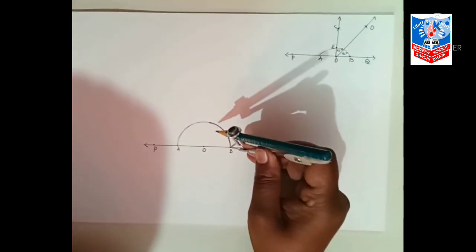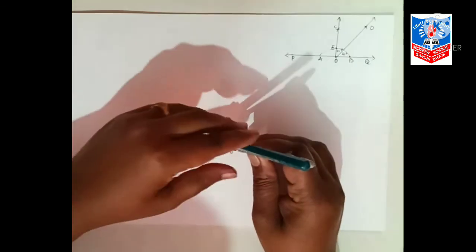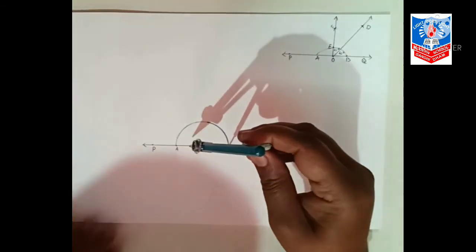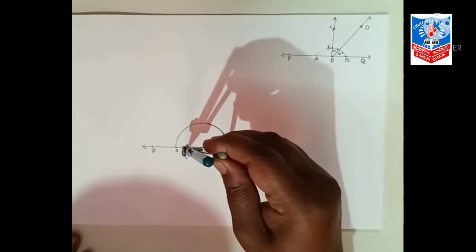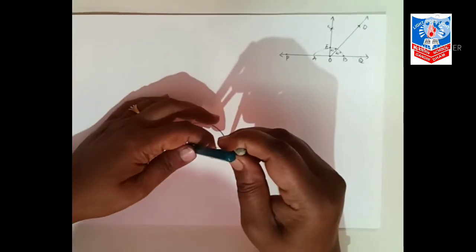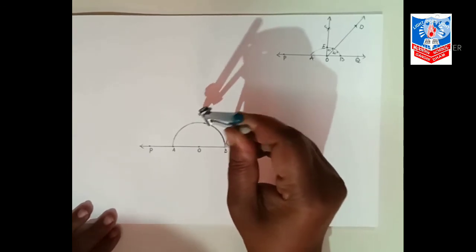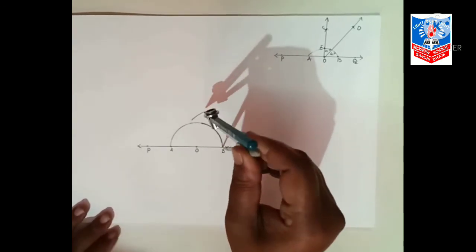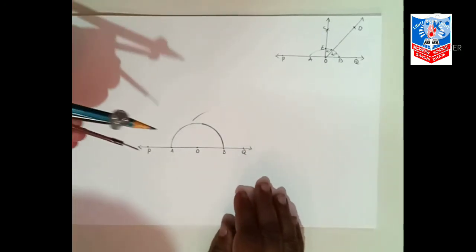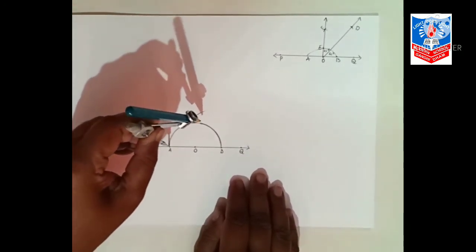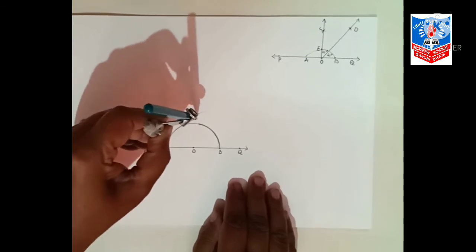Now with center B and radius more than half of AB, like this way, draw an arc here and with the same radius and center A, cut this arc.